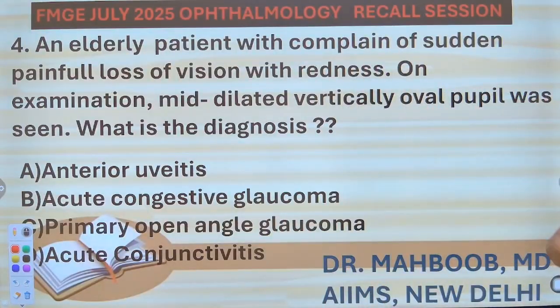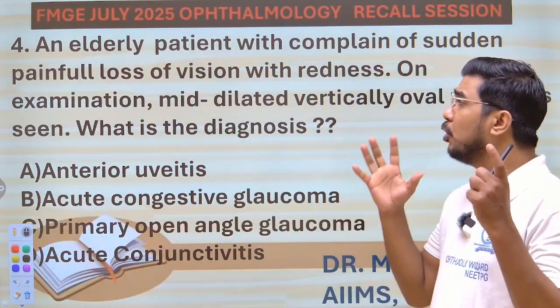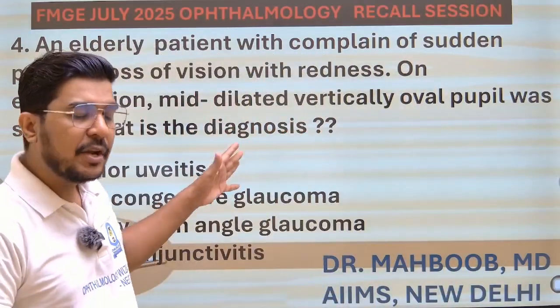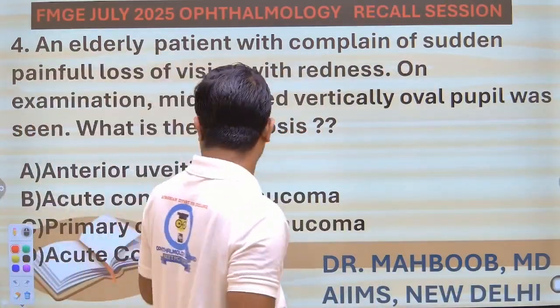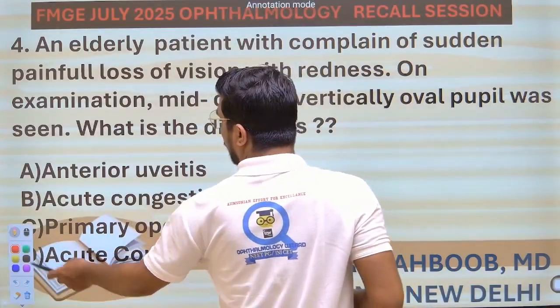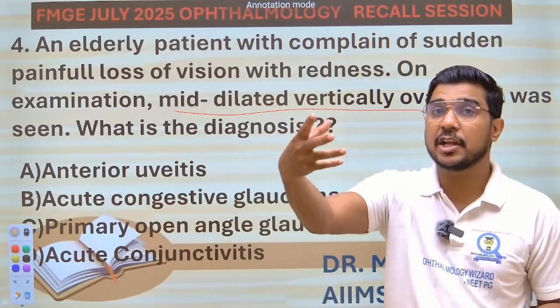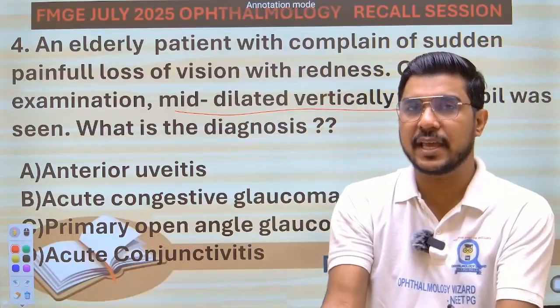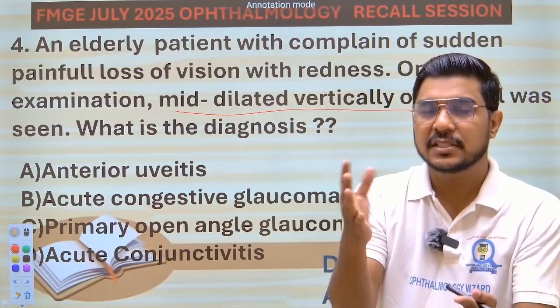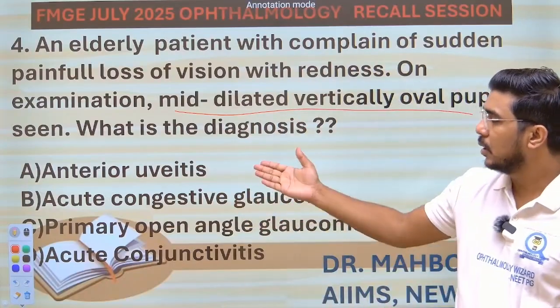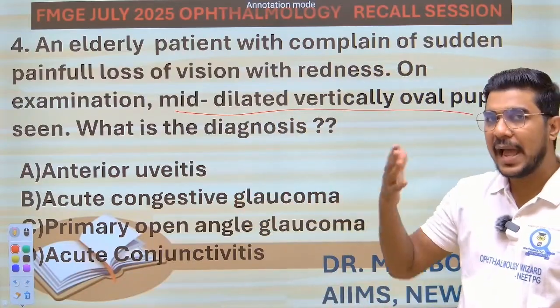Now, coming to the next MCQ. An elderly patient with a complaint of painful loss of vision with redness, and on examination you have a mid-dilated, vertically oval pupil. A mid-dilated vertically oval pupil is itself saying that there is something classical of an angle closure attack.